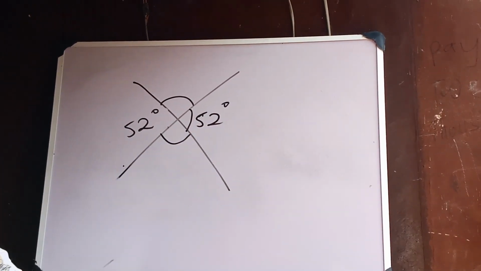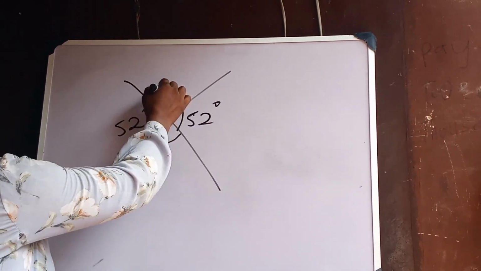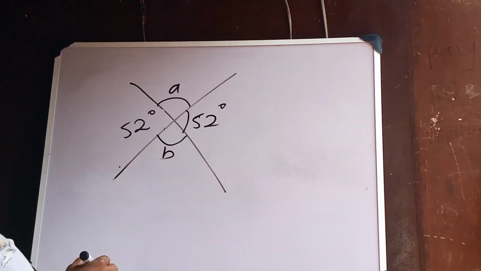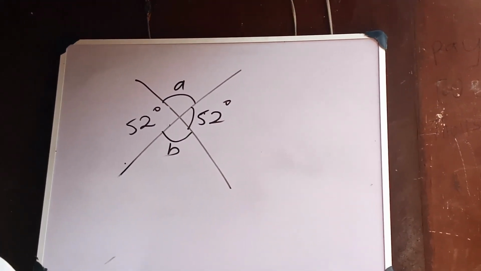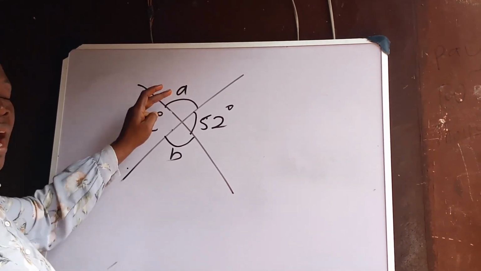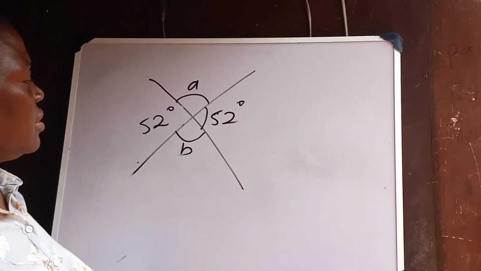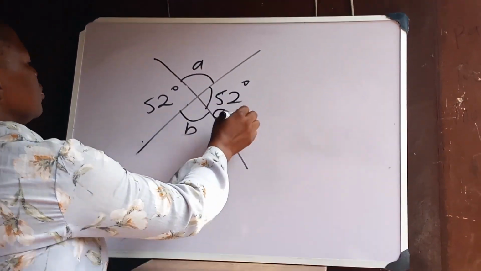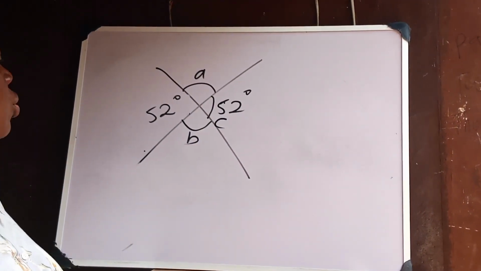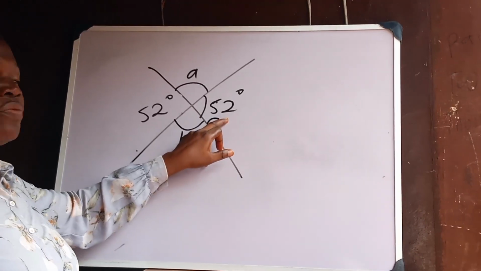Let's call this A and let's call this B, the unknown. Look at it. We found this side, which is C. The unknown here is 52.